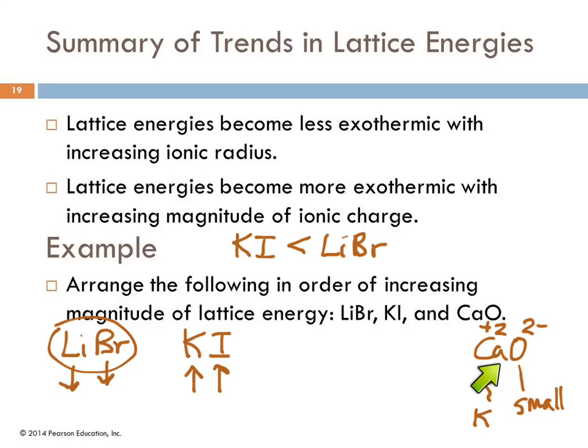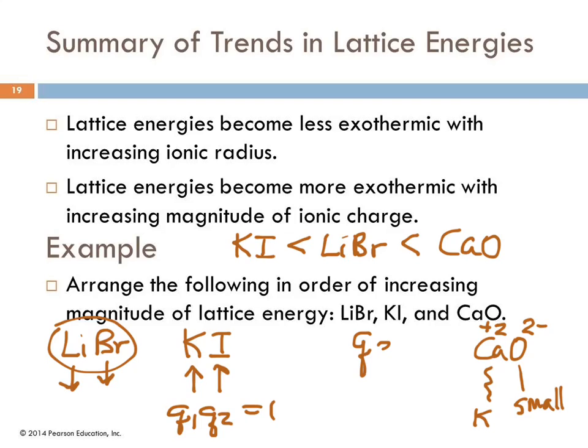Is this going to have a larger or smaller lattice energy than potassium iodide? It's going to be larger than potassium iodide for sure. How about for lithium bromide? Larger? Probably larger. The charge is big because this is Q1, Q2 equals 1.